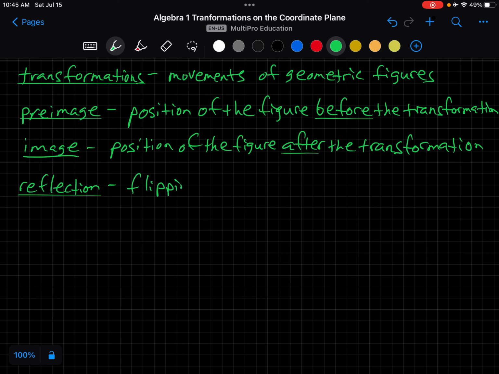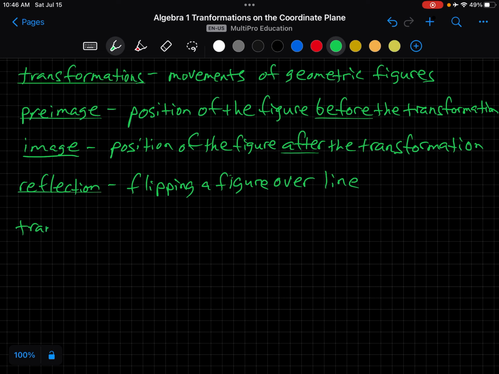So this is when we flip a figure over a line. So if you imagine the surface of the water is the line, there's an image of you on the other side. Well, in this case it's actually on the water, but if there was a line halfway between you and the image, then that would be the line that you're flipping across.